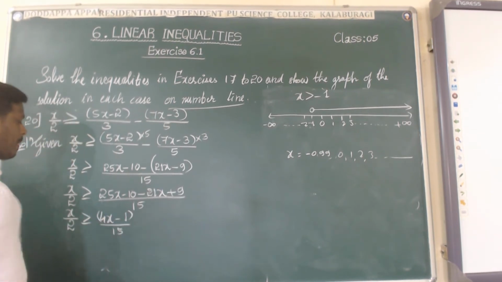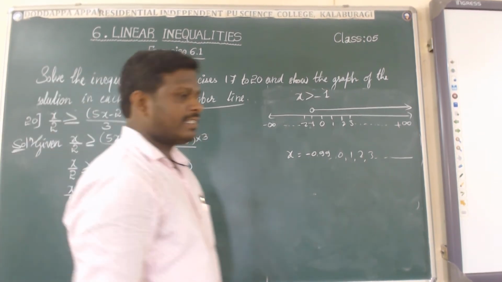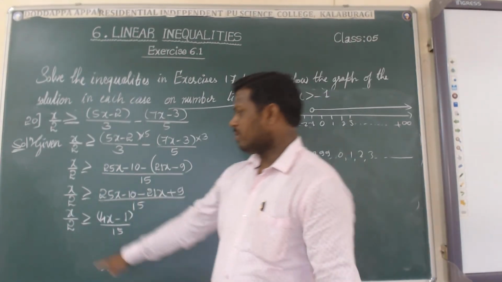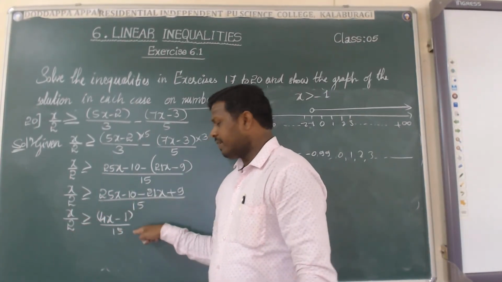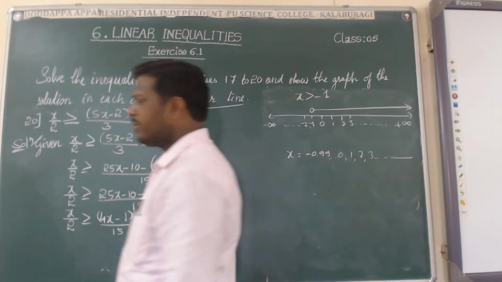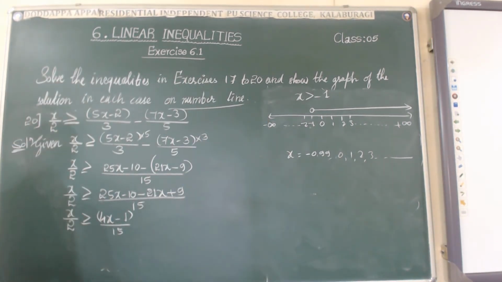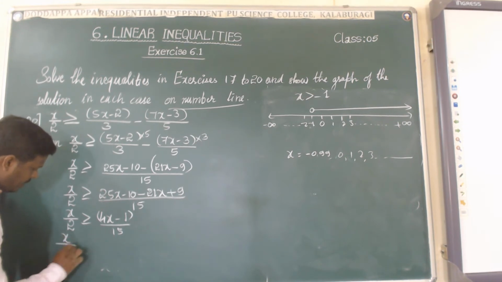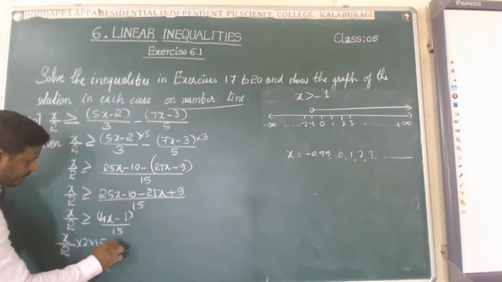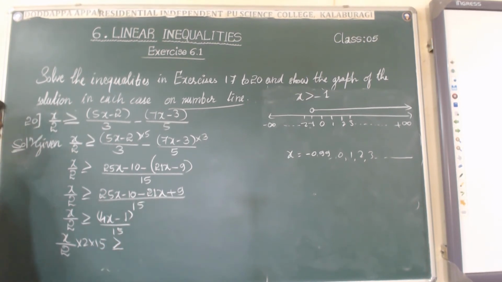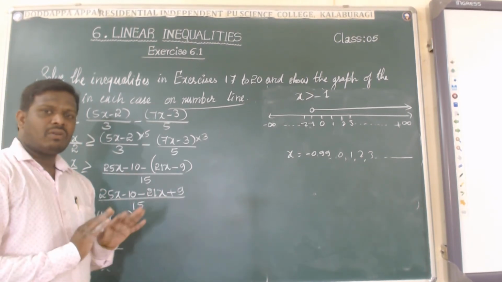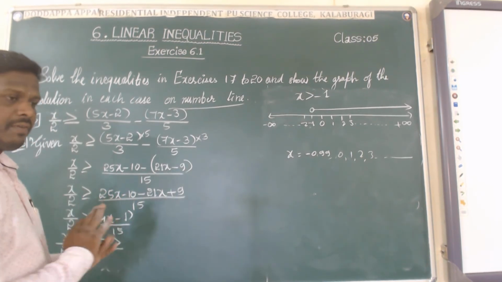Okay. In the next step, I am going to remove the 2 from this side and 15 from the RHS side. So what we do here, we have to multiply both sides by 2 and 15. When we are multiplying with a positive number, the inequality sign will not change.